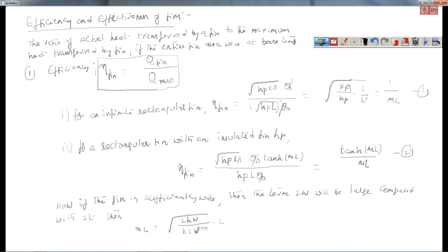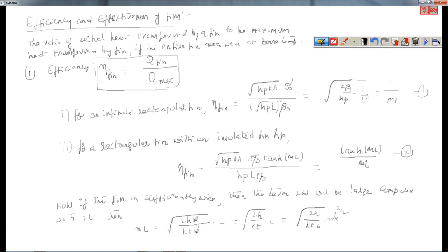Therefore w gets cancelled and 2h by kt will remain, into l. This is written as the square root of 2h by kt into l, which can also be written as the square root of 2h by kt into l to the power of 3 by 2.